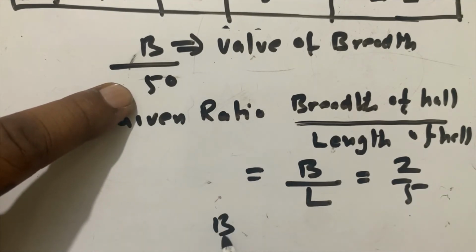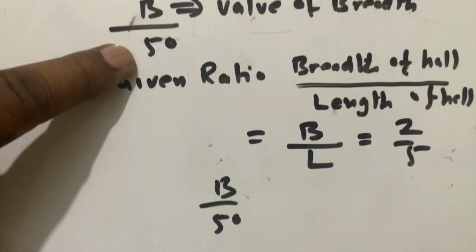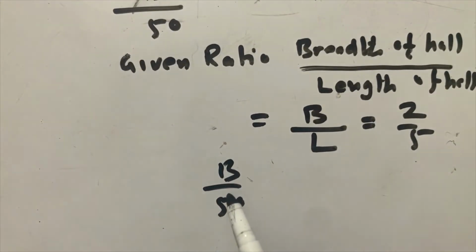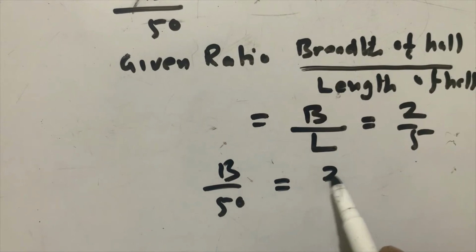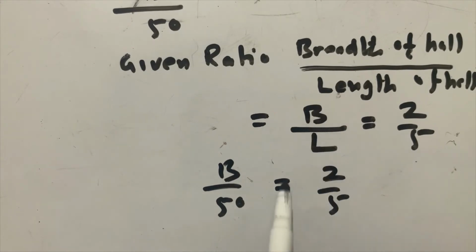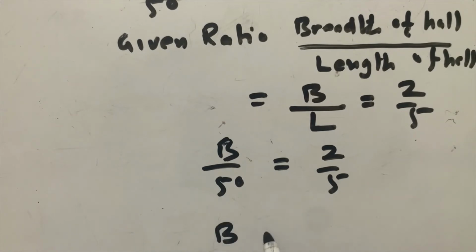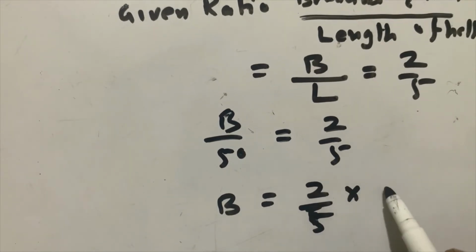Now this breadth upon 50 is equal to 2:5. So breadth is 2/5 into this 50.